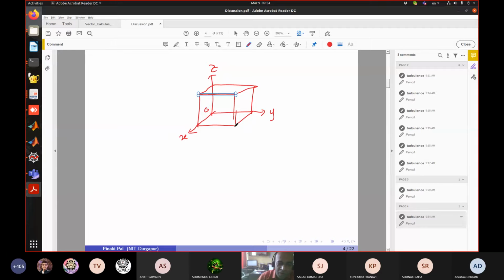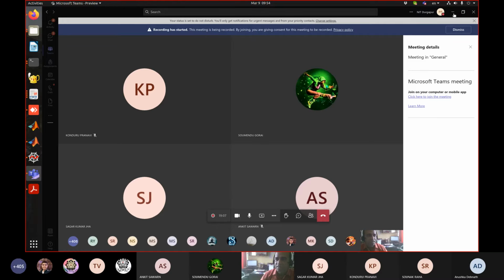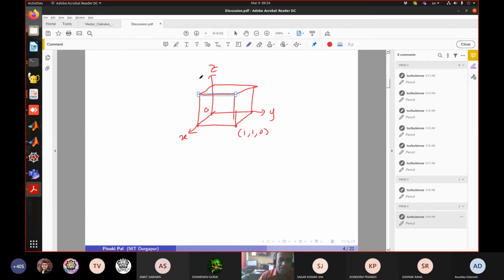Okay, so this point is 1 1 0, and you divide the entire surface into different parts. For example, this is your S0, the portion of the XY plane. A, B, C, D, E, F, G.